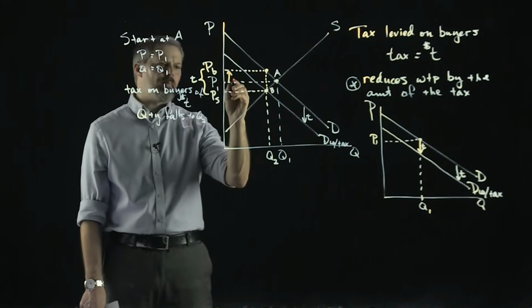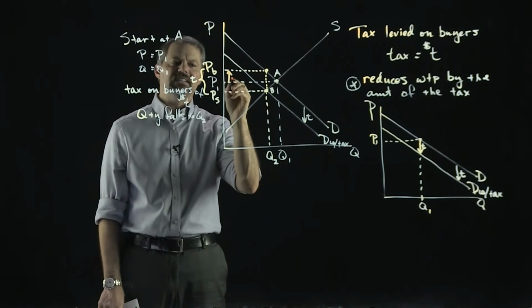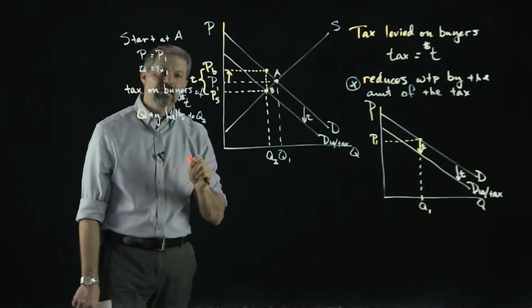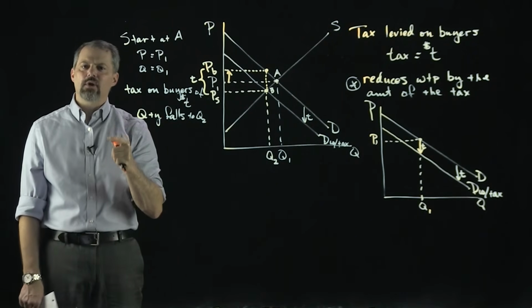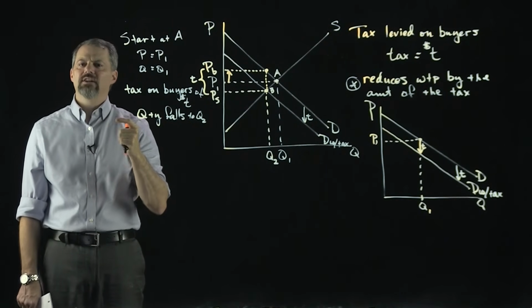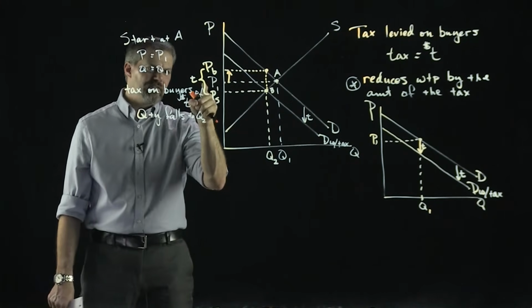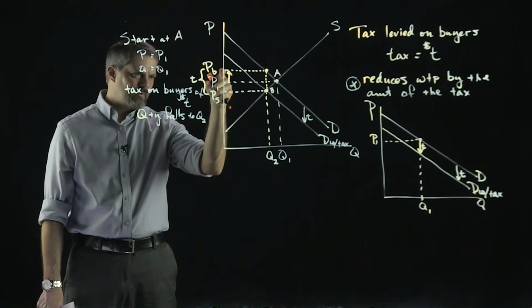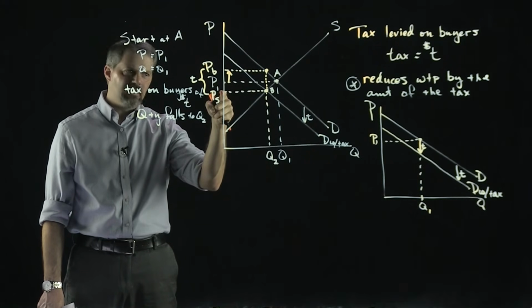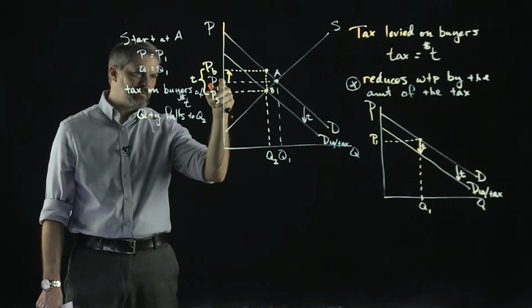That's what we would call the buyer's burden or the buyer's incidence of the tax. Now notice, it does drive the buyer's price up, but it drives it up by less than the amount of the tax, right? If this distance between this price and that one is the amount T, then this distance clearly has to be less than T.